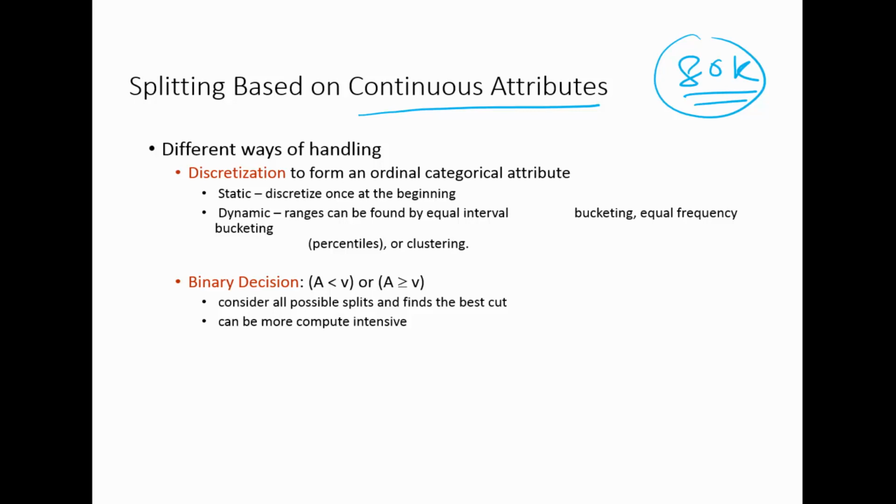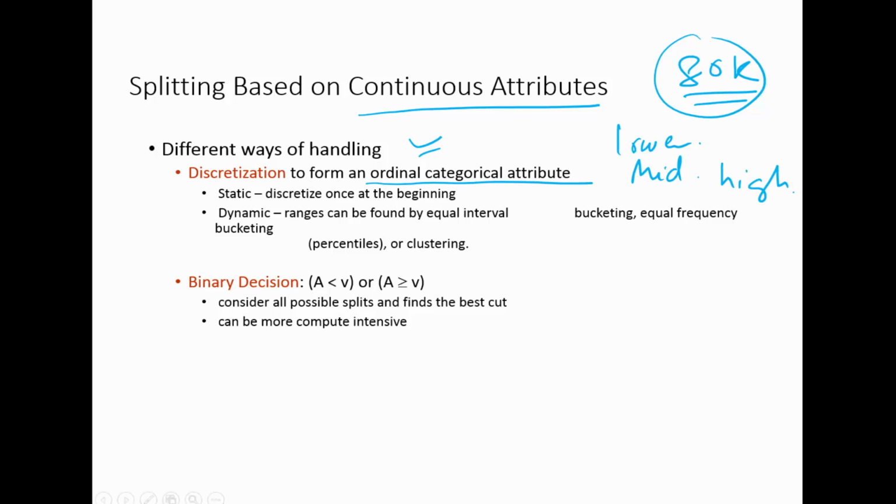There are different ways of dealing with continuous data. Discretization is the way to form an ordinal category attribute. That means income group can be lower income group, middle income group, higher income group. That's one way of doing it. Based on somebody's income, you can categorize them into three types: lower class, middle class, higher class.